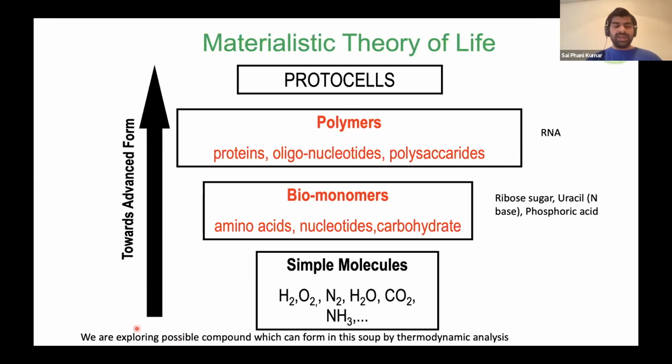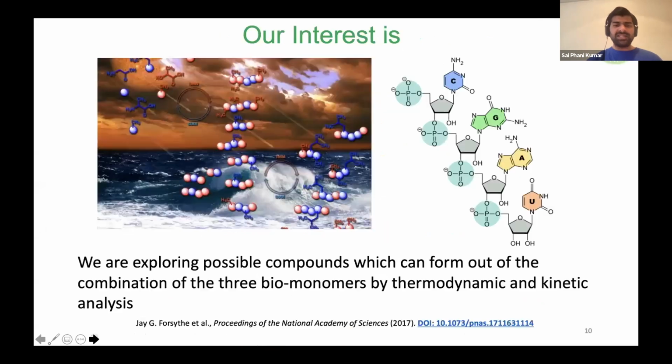So we are exploring the possible compounds which can form in this soup by thermodynamic analysis. Take the example of the chemical soup, which consists of three building blocks. One is the nucleotide, the other is the ribose sugar, and the other molecule is the phosphate. The combination of phosphate, ribose sugar, and the nucleotide could produce the biopolymers.